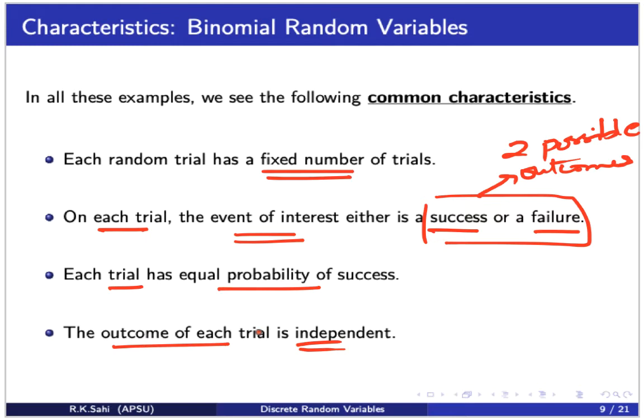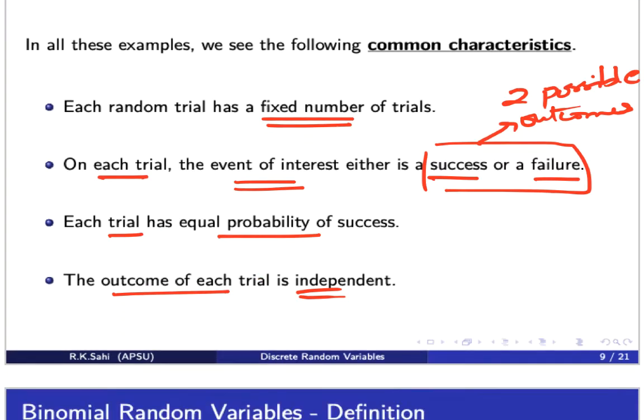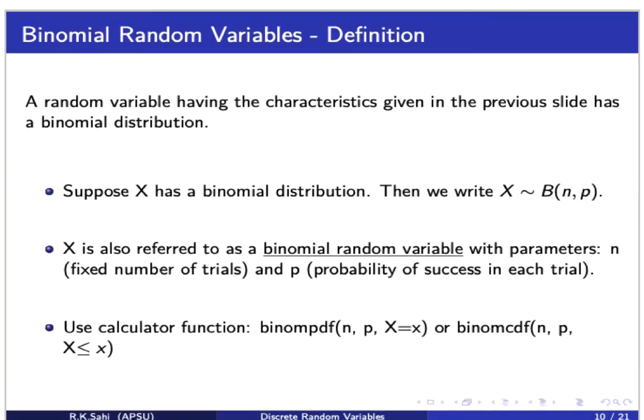So now we're going to define what a binomial random variable is. A random variable which has the above four characteristics has a binomial distribution. Now, suppose we have a binomial distribution. How do we represent it? The convention is to write it in this form.